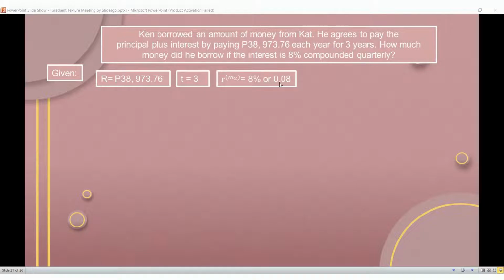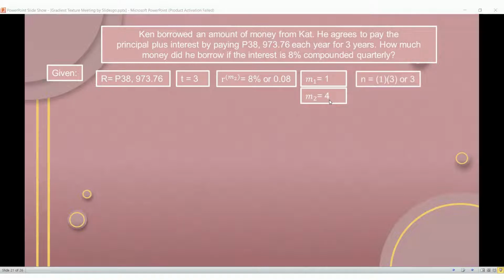i-convert natin sa decimal kaya magiging 0.08. Our M sub 1 is each year, di ba? Ang M sub 2 naman natin ay compounded quarterly, kaya 4.